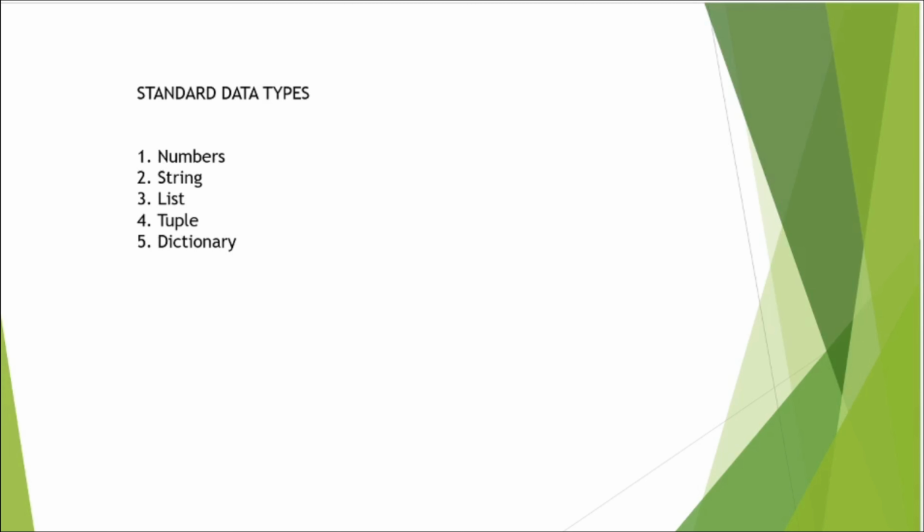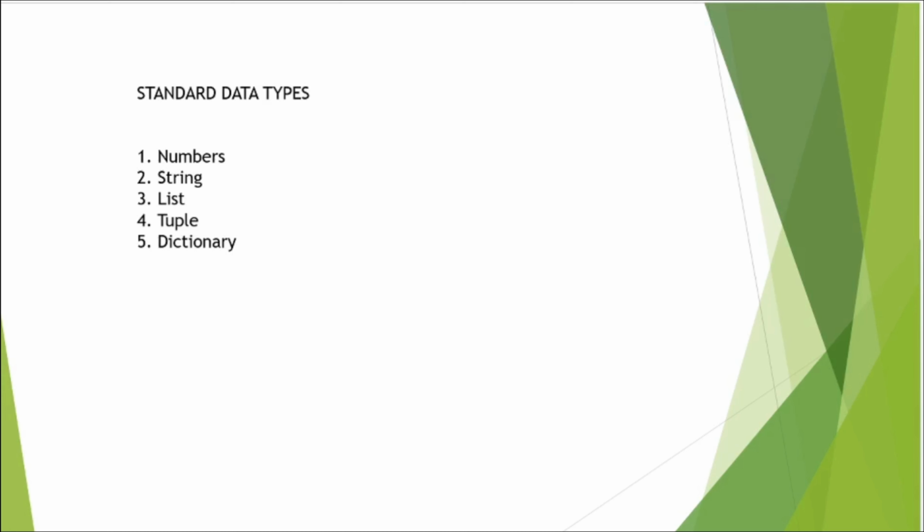In this section of the tutorial, we will discuss different types of data types, that's why I am starting from numbers. As a number stores numeric values, Python creates number objects when a number is assigned to a variable. For example, if I write a is equal to 5, that means 5 will be assigned to the variable a.